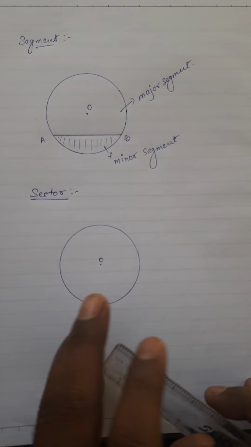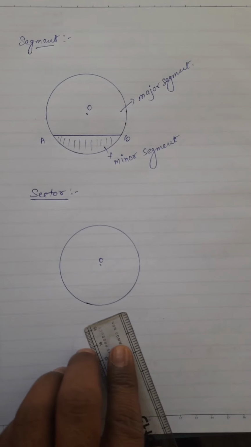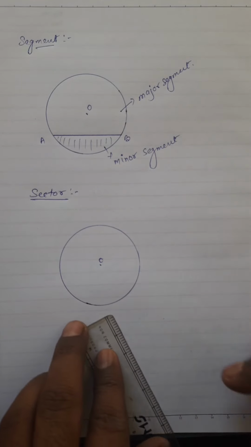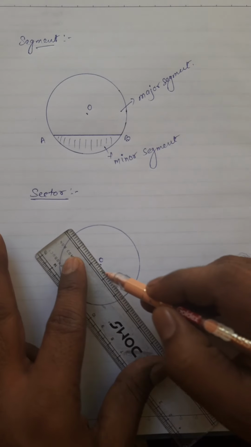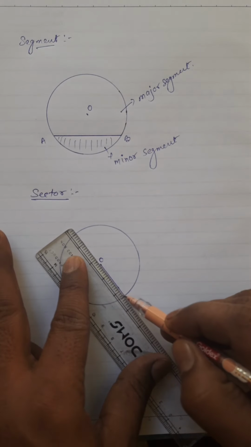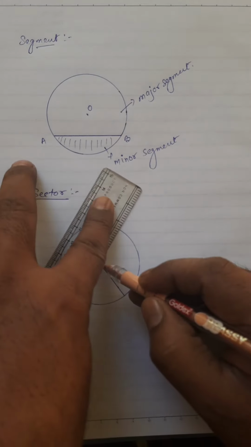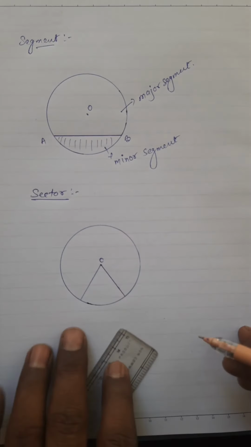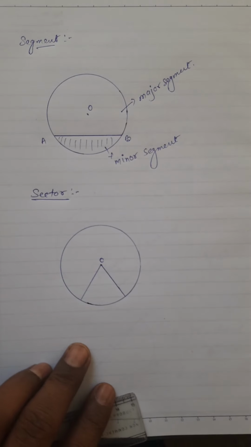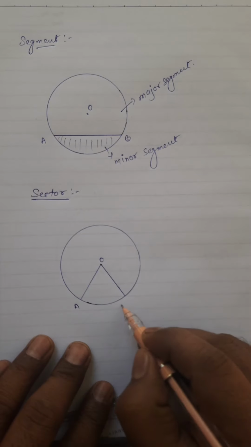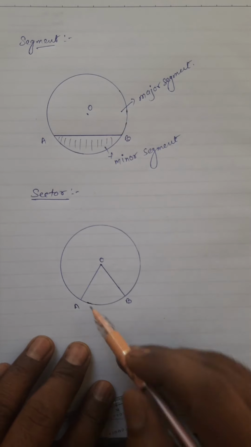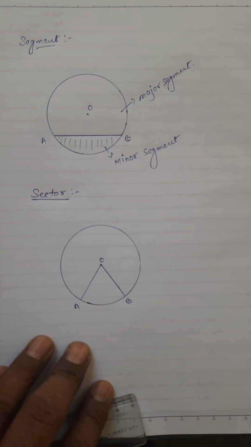I'm talking about the radii. Radii means more than one radius in a circle. If I take more than one radius, I join OA and OB, suppose this is A and this one is B. So OA and OB are the radii of the circle.